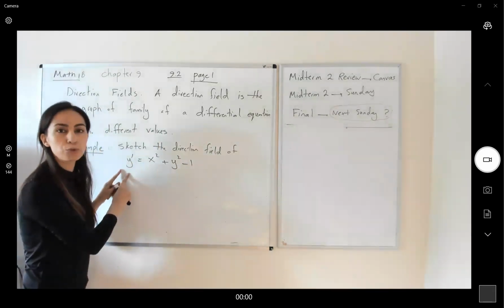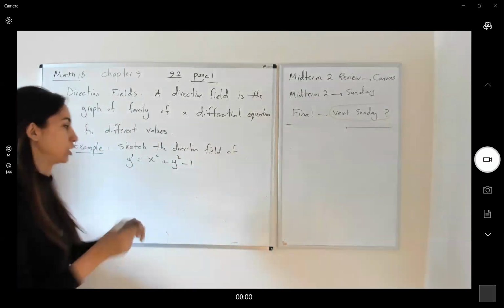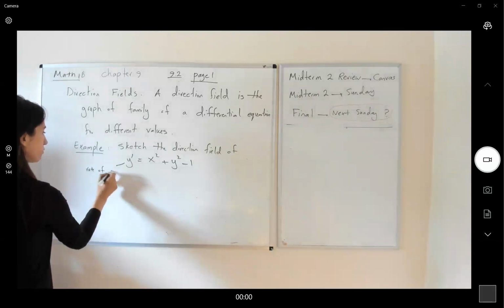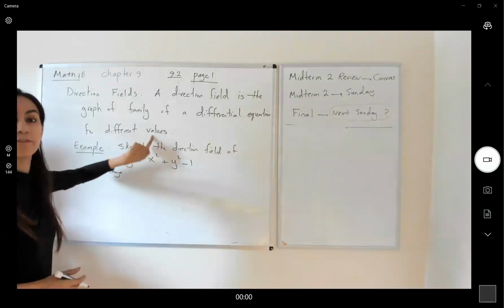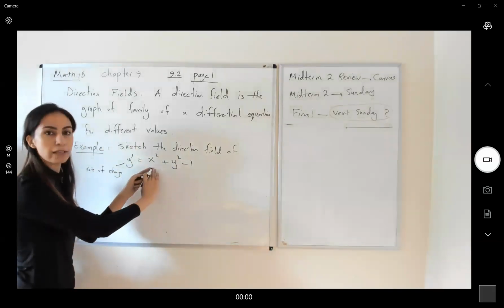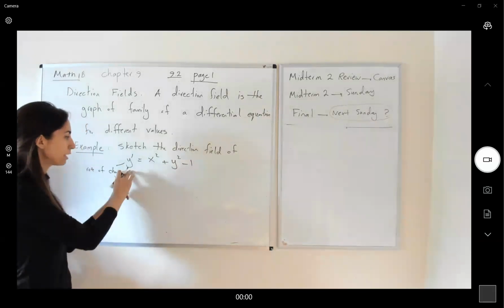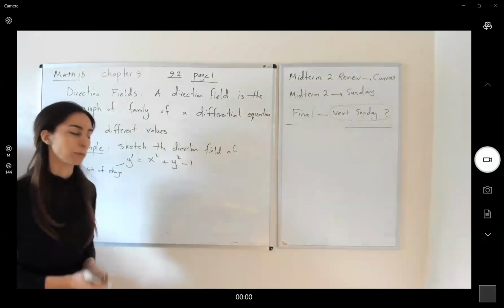What is y prime? Y prime is the rate of change. For different values, it means that y takes different values, then your rate of change is going to be a different number.